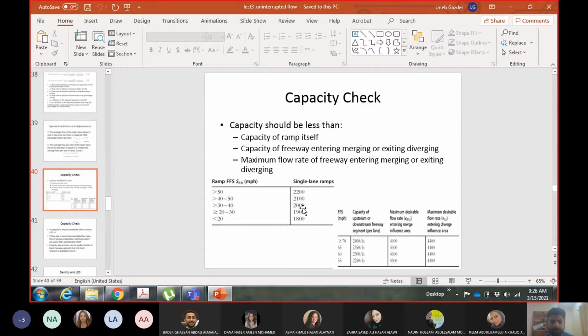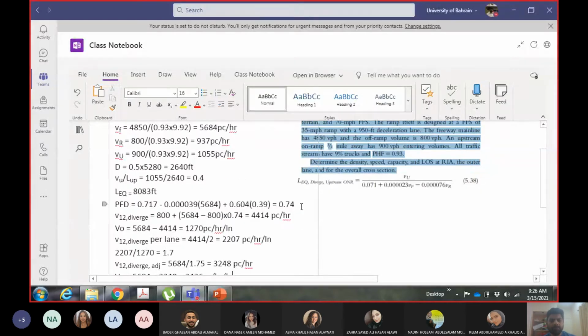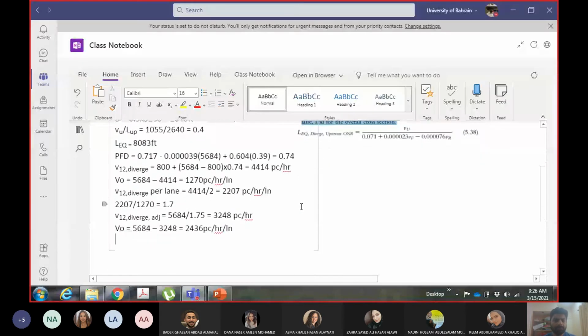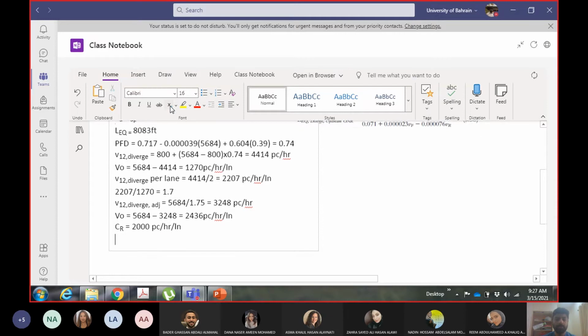The capacity of the ramp is 2000. Call it CR, cars per hour per lane.